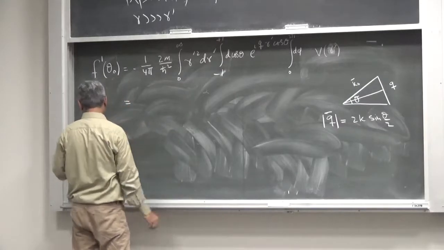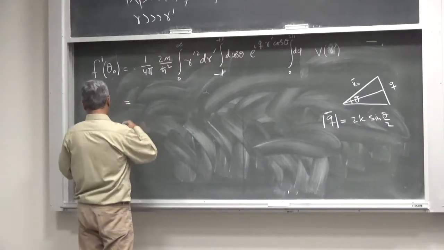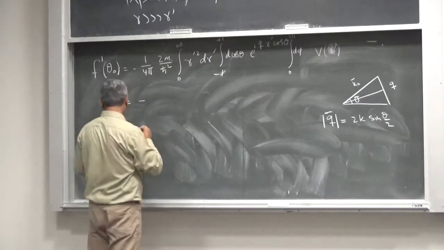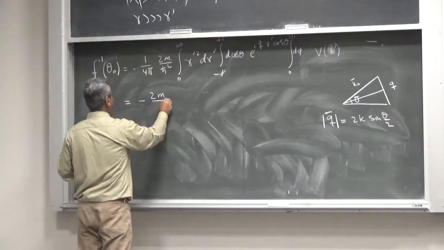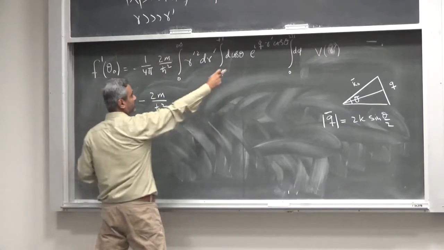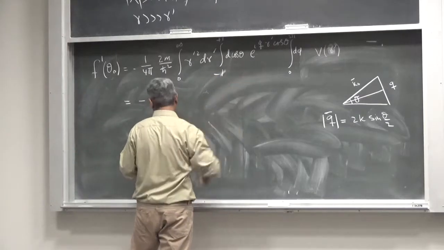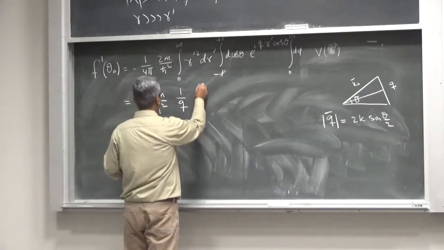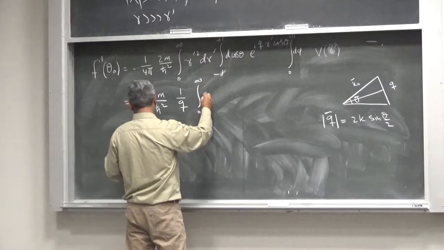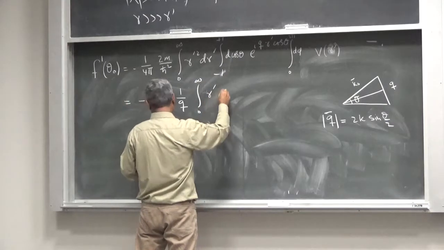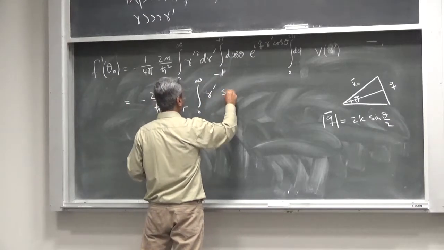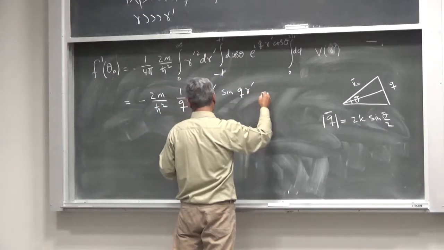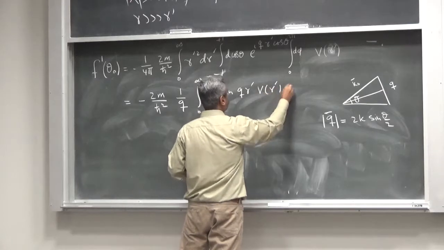Anyway. Since we have to go to the talk as well, let me give you the rest as homework. You just do this integral, which is a very simple integral to do, and you will get the answer 1 over q, integral from 0 to infinity of r prime sine q r prime V of r prime.